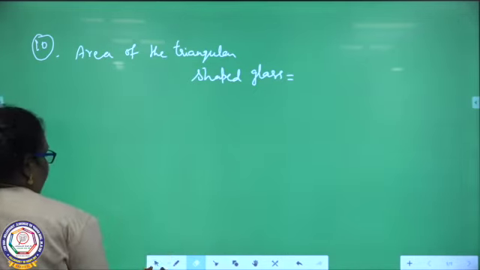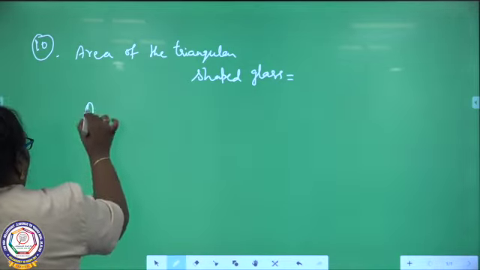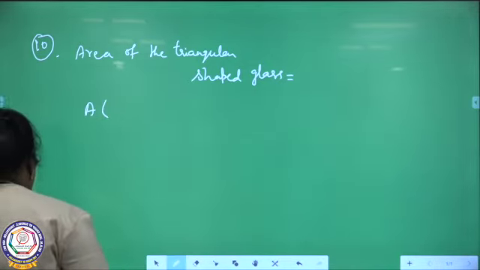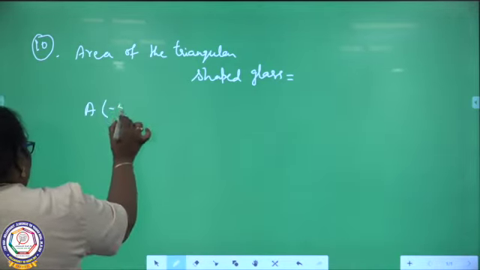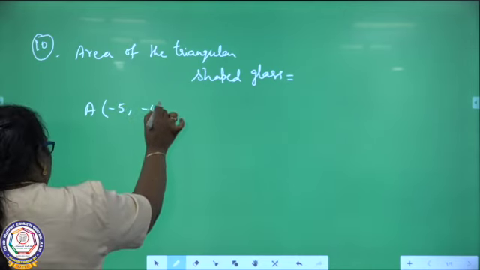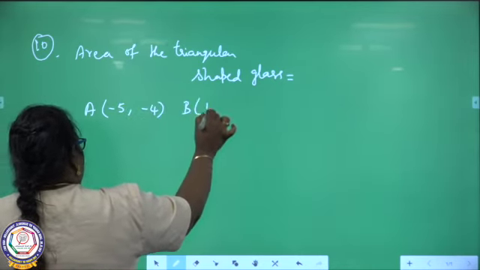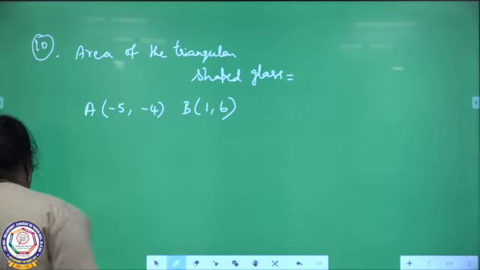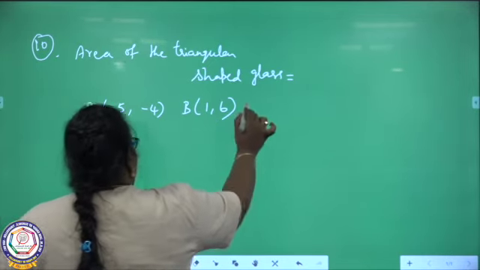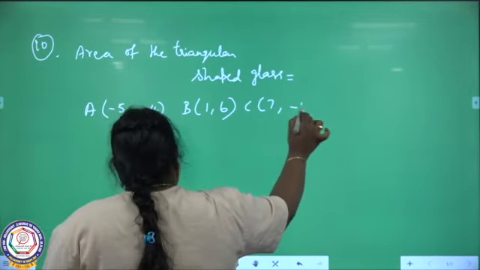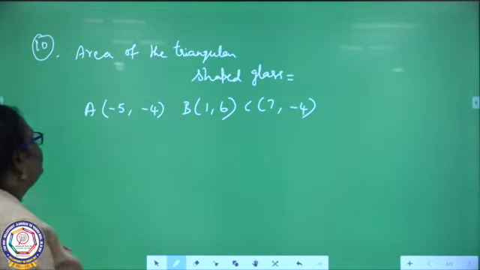What are the vertices they have given here? See, A they have given as -5, -4. B they have given as 1, 6, and C is 7, -4.